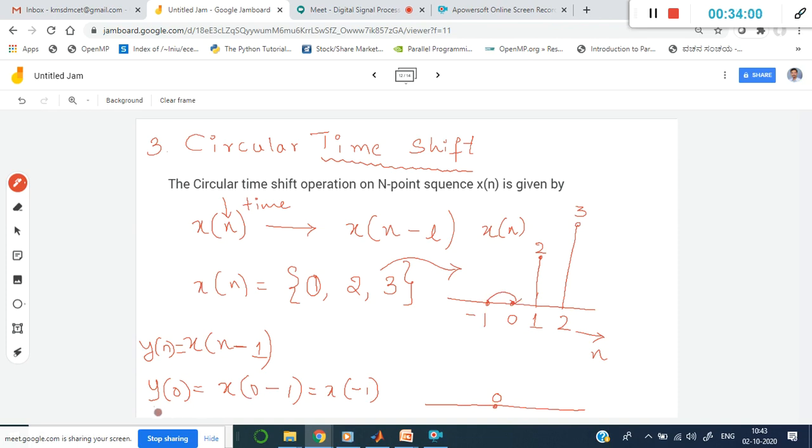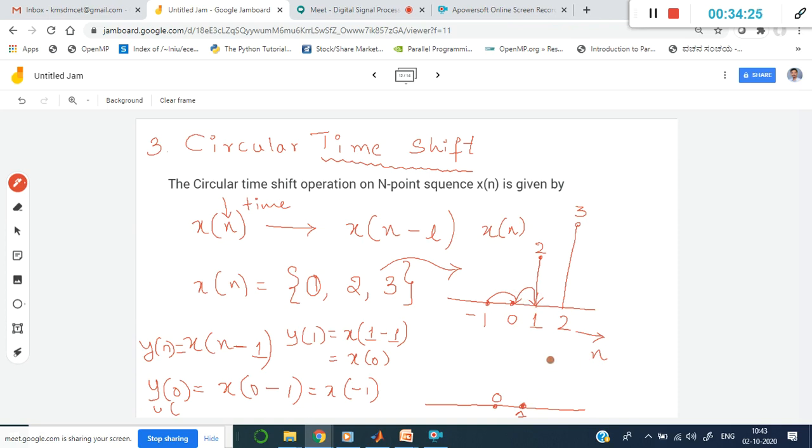Okay, now y of 1 value. What will be the y of 1 value? Let me write here. So x of n is 1. I am trying to shift it by one more. This means the new value in the first position should be the x of 0 value, so this is going to be shifted. Again this value is 0.